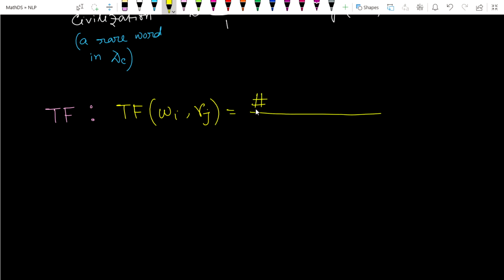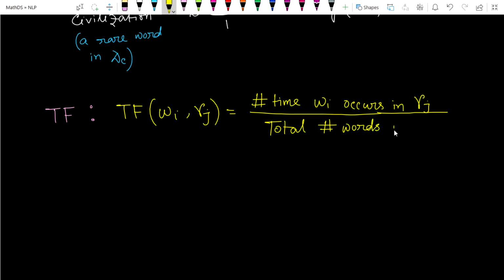the number of times Wi occurs in the review Rj, and the total number of words in Rj.